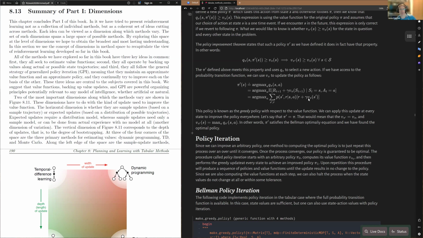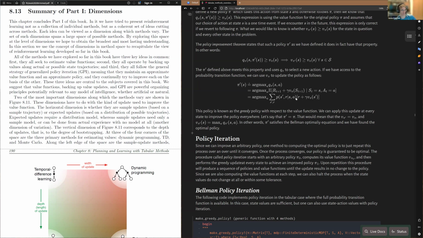If we only have V, then it's a little harder, because we have to use the probability transition function to compute Q from V. So this top line shows how to do policy improvement if you have the Q function. This shows how you have to do it if you have the state value function, which is fine as long as we have this probability transition function.